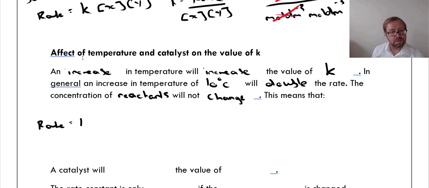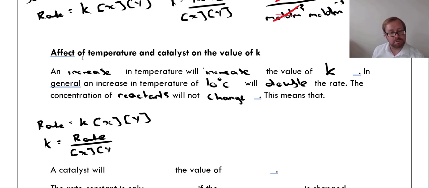Okay, so this means that if we do a quick example, rate equals K, let's just do an X and a Y. And I'm going to rearrange this so K is on its own. So K equals rate over X and Y. Now I know that if I increase my temperature, then my rate is going to increase.